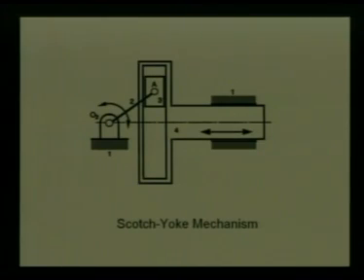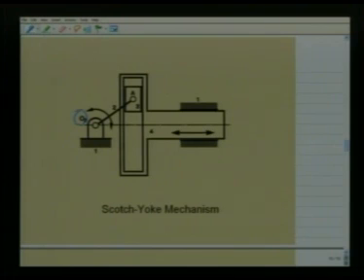So again we have this RRPP chain. There is one revolute pair at O2, one revolute pair at A. There is a vertical prismatic pair between 3 and 4 and a horizontal prismatic pair between 4 and 1.